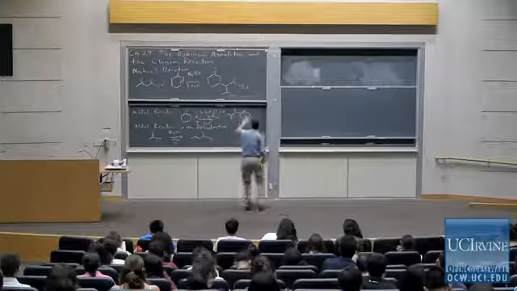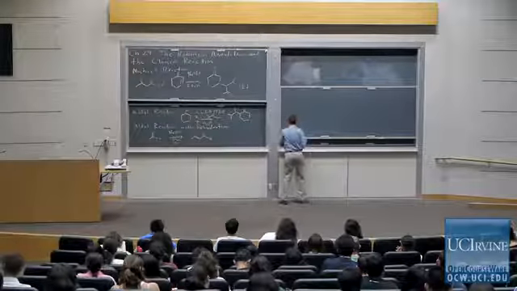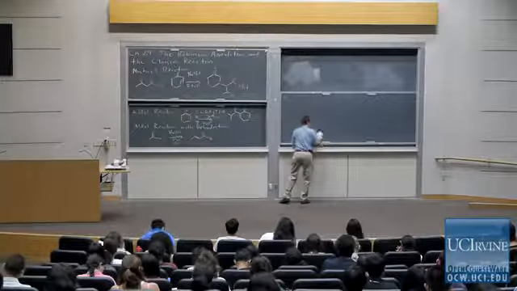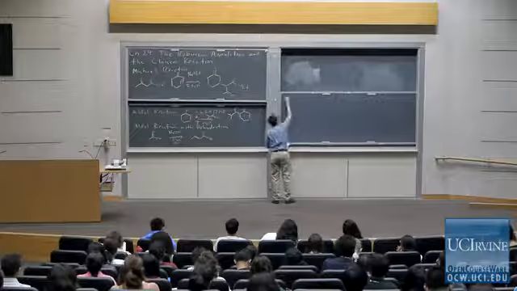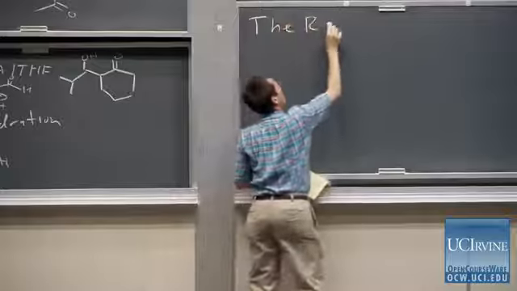All right, so I want to put these three different reactions together now in sequence, in the sequence I've talked about. And the reaction we're going to learn about is the Robinson annulation.